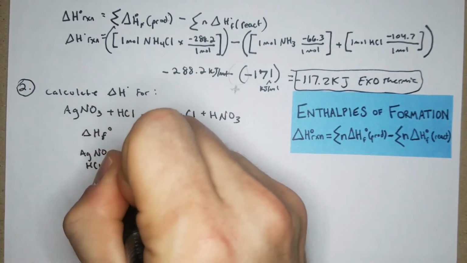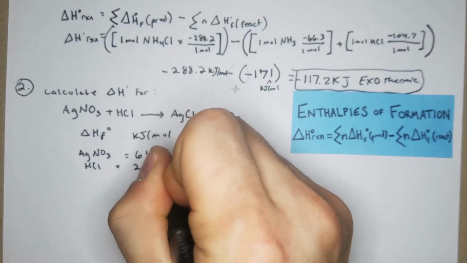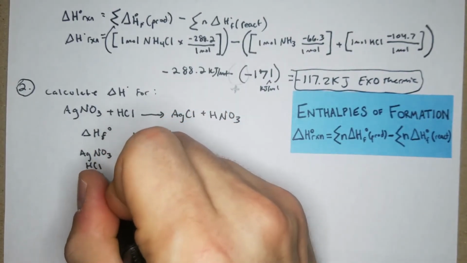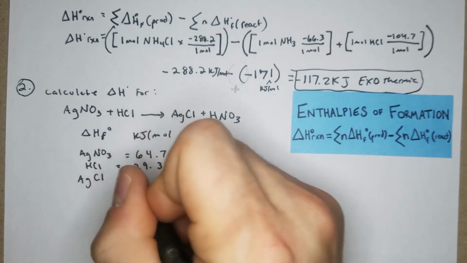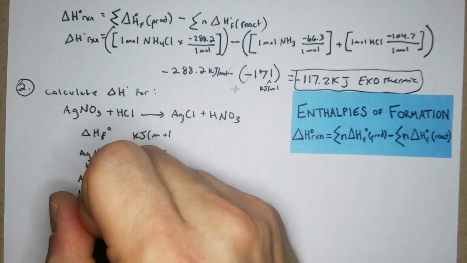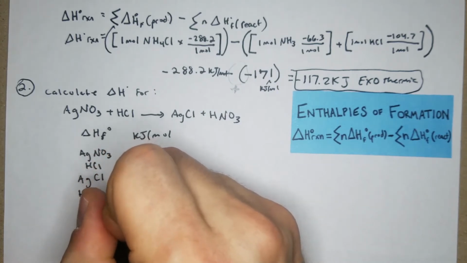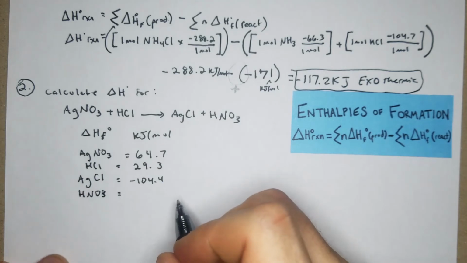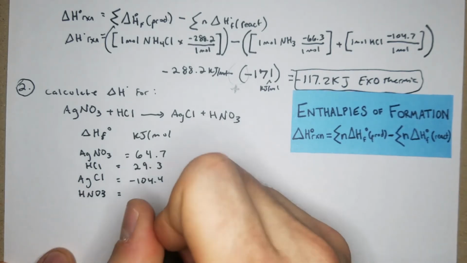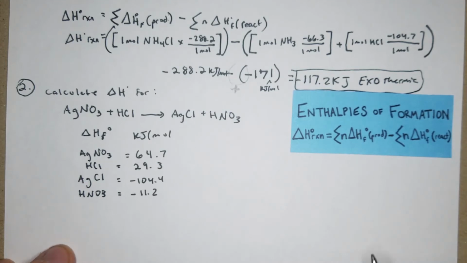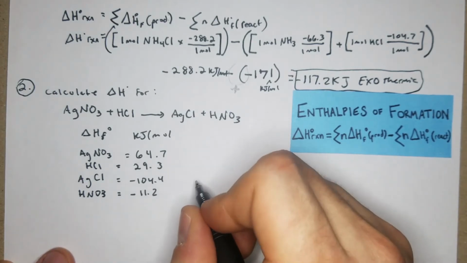HCl is going to be equal to 29.3. AgCl is going to equal negative 104.4. And then HNO3 is going to equal negative 11.2. So we'll just plug this into this formula here.